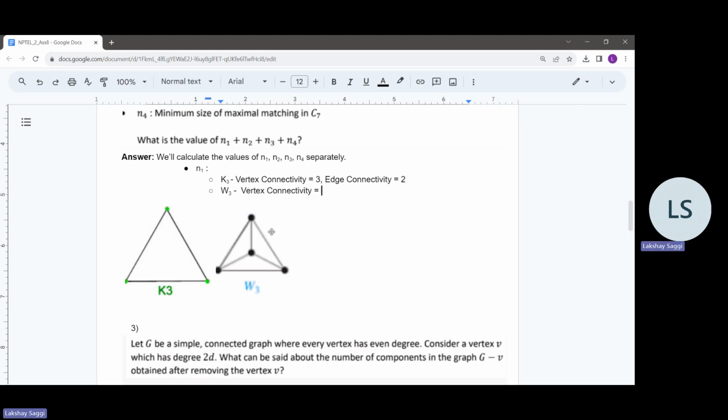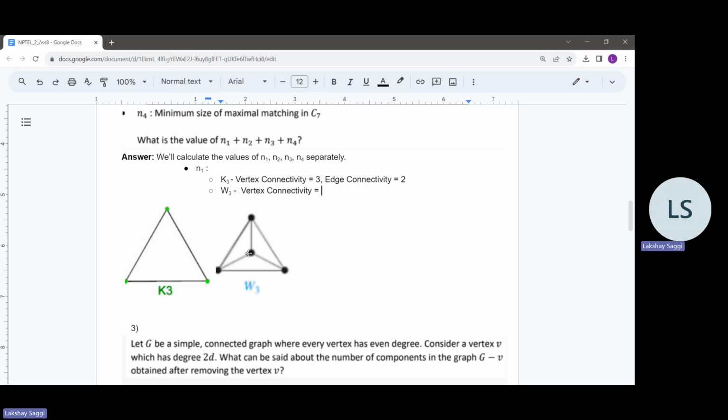So what will be the vertex connectivity here? Note that again, it can be seen that deleting any single vertex won't make the graph disconnected, because if we delete any one vertex, let's say I delete this topmost vertex, the remaining graph is a triangle graph, so it still remains connected.